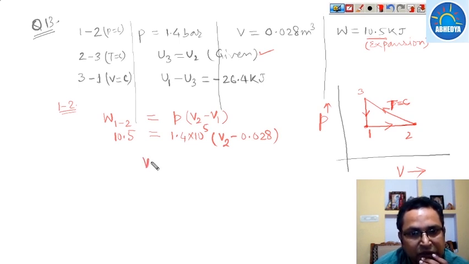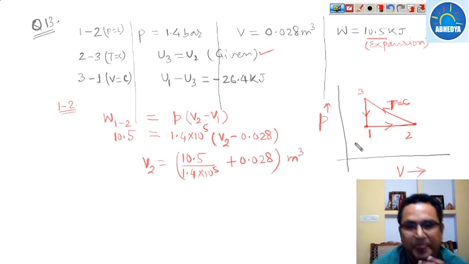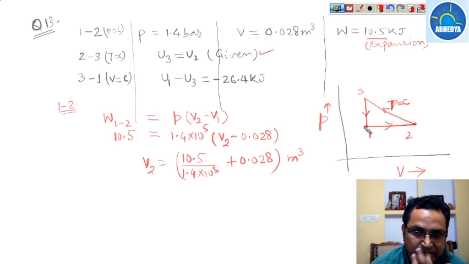So V2 comes to be 10.5 upon 1.4 into 10 raised to the power 5 plus 0.028. This much is the value of volume at this point. Okay.